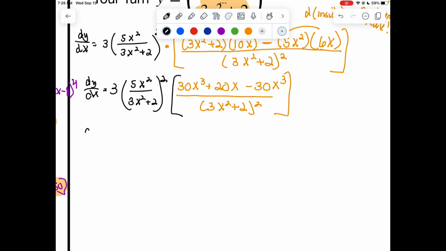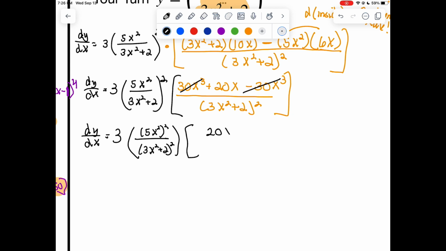Now remember from college algebra, when you have a fraction inside of a power, we can distribute that power to the top and the bottom. So I can rewrite this as 5x squared quantity squared over 3x squared plus 2 quantity squared. And then inside this bracket, I can simplify this down to just 20x over 3x squared plus 2 quantity squared.